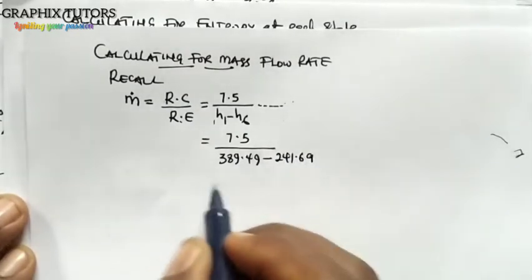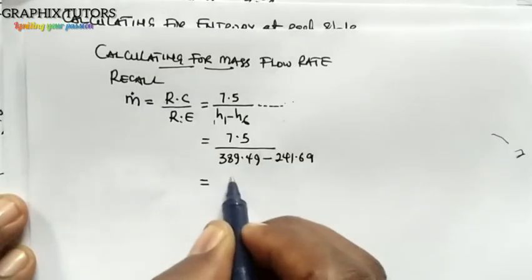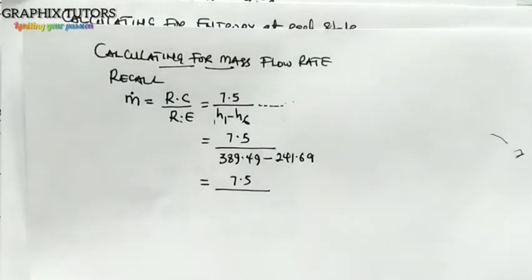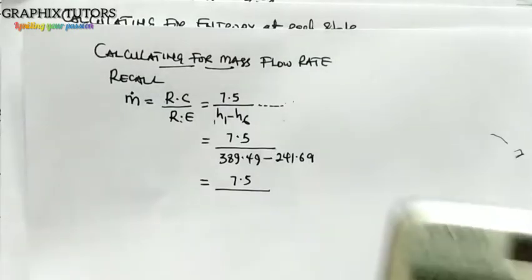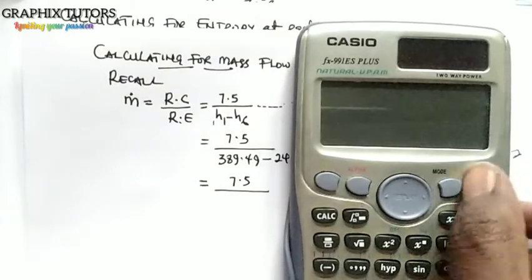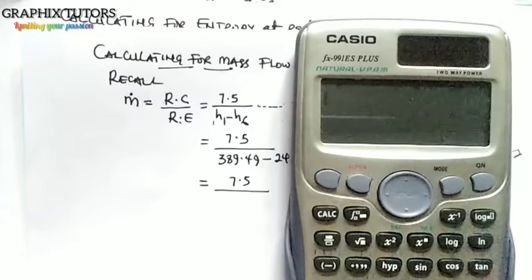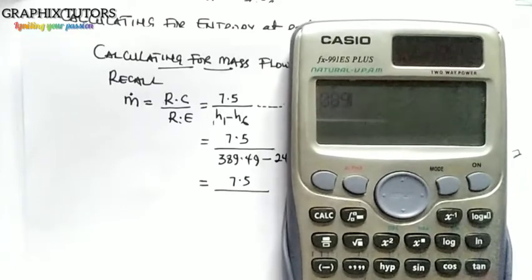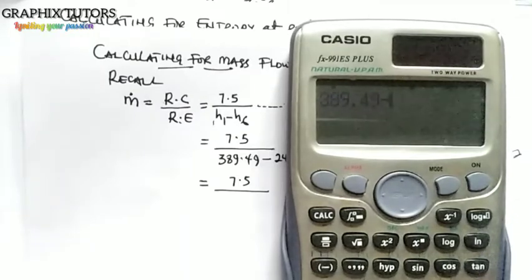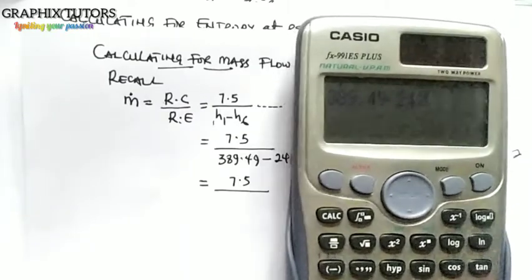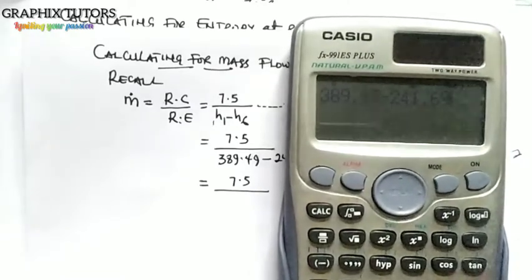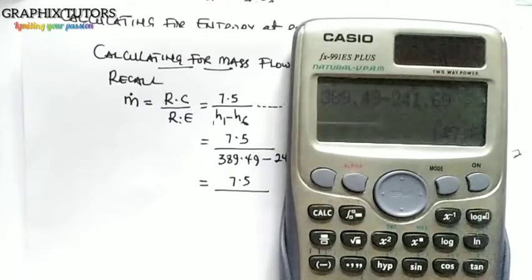241.69. And this will now give me 7.5 divided by, you pick up your calculator, and if you press 389.49 minus 241.69, that will give me 147.8.